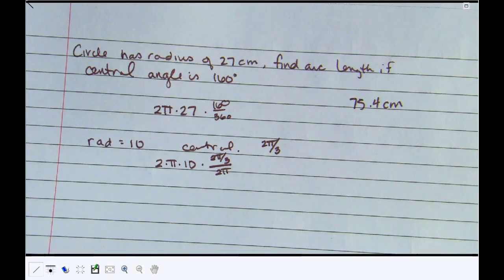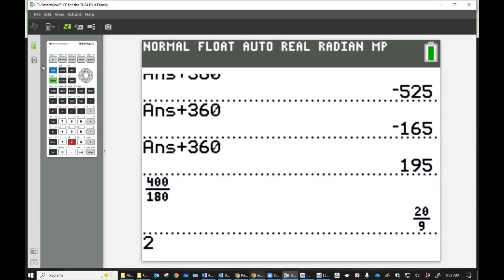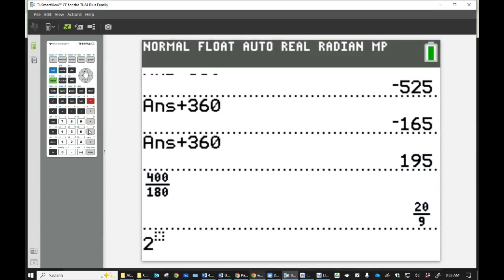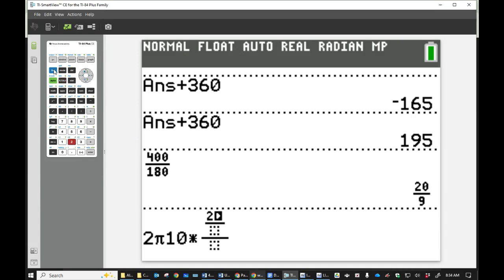If we were going to do this on our calculator, you could do 2 pi times 10, then a fraction, and you can double fraction that: 2 pi over 3 over 2 pi.